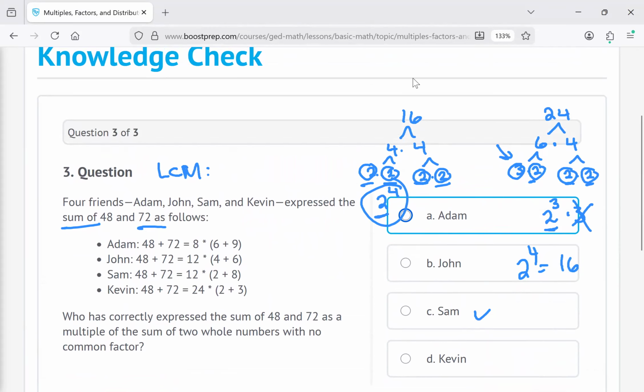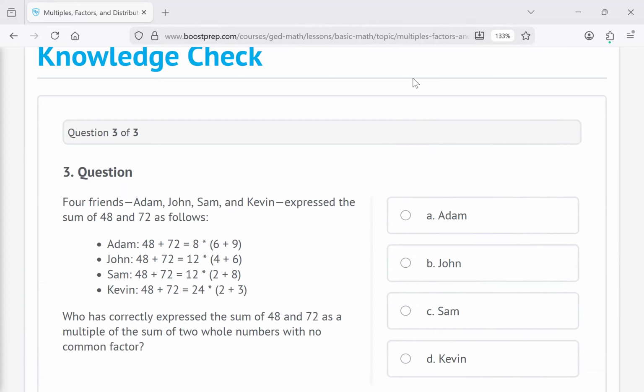Okay, next one, the last one. Question three says four friends, Adam, John, Sam, and Kevin, express the sum of 48 and 72. Adam: 48 plus 72 is equal to 8 times 6 plus 9. John: 48 plus 72 is 12 times 4 plus 6.